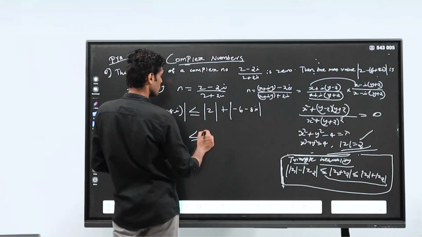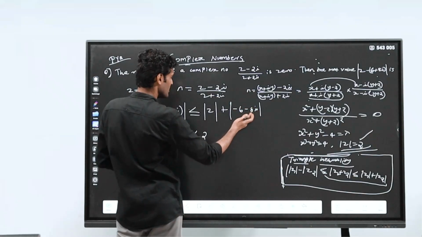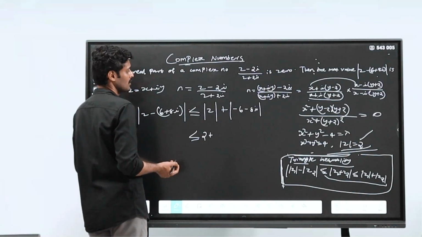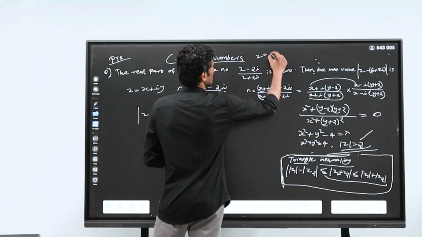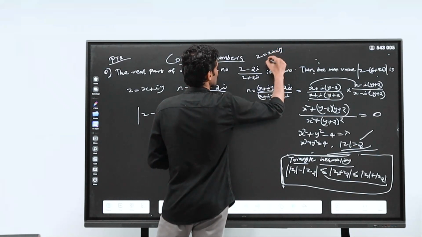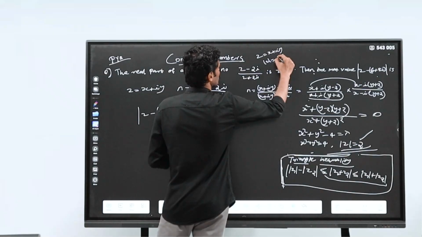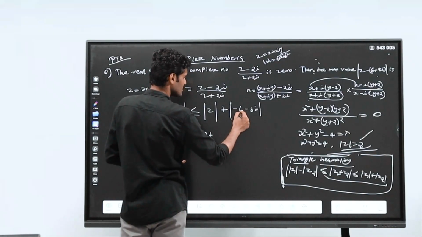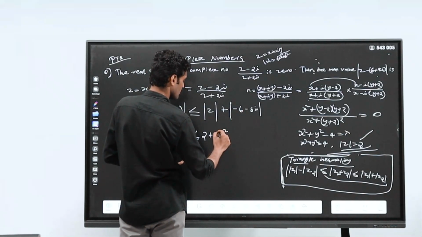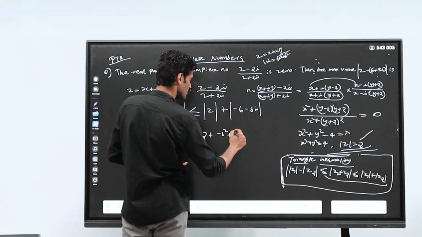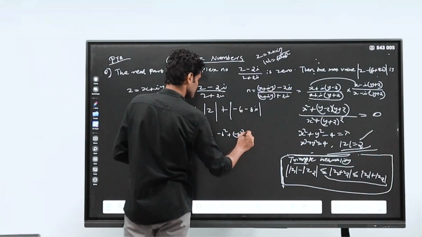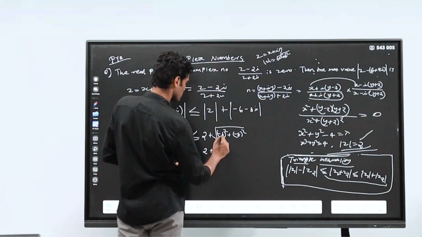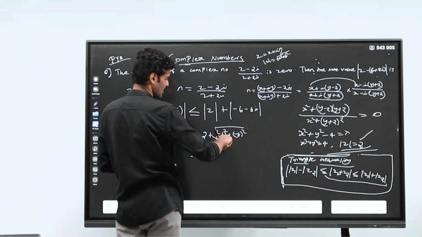And what is the modulus value of −6 − 8i? That is how we can find the modulus value of a complex number. If z is a complex number x + iy, then the modulus |z| equals root of x square plus y square. Same here, root of (−6) square plus (−8) square, so it is less than or equal to 2 plus, this will be 36 + 64, that is 100.